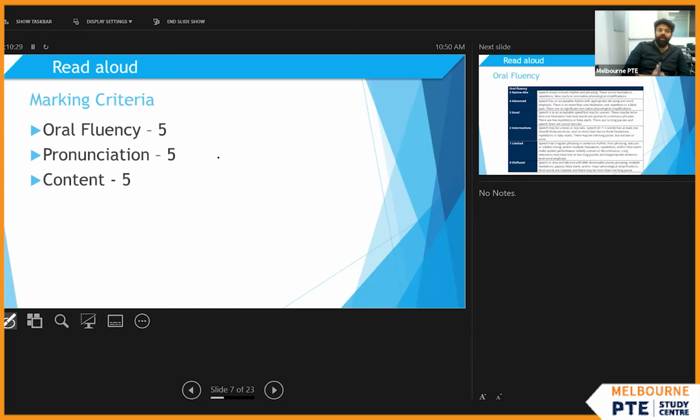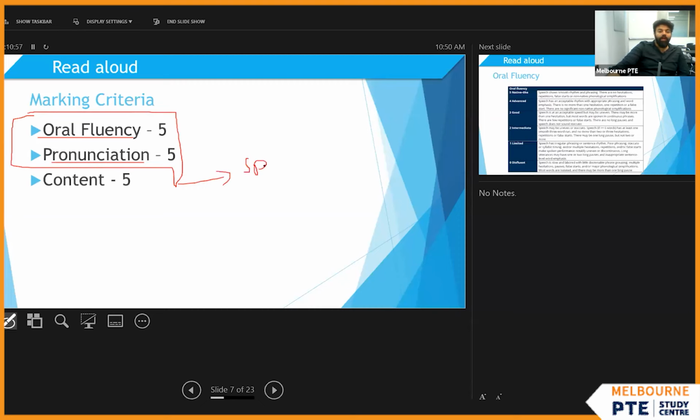So you have to know what are the things the computer marks you upon and what are some of the errors that you can lose more marks in. And this is what we will discuss here now. So if we talk about marking criteria, you have basically these three things in here. Oral fluency and pronunciation. Remember, these two will always go towards your speaking.